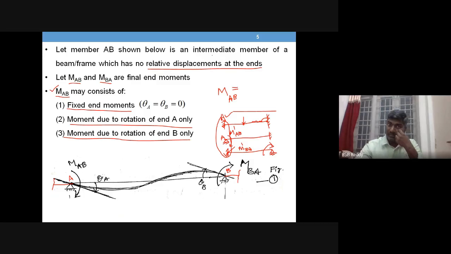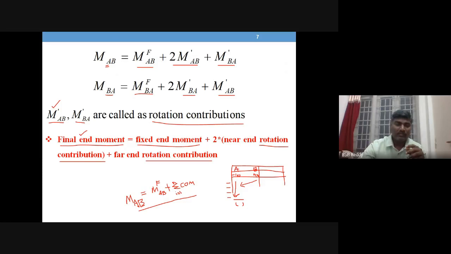So finally, the end moment as per Kani's method consists of three values: fixed end moment, moment due to rotation at A, and moment due to rotation at B. That is given in the form of an equation: MAB is MFAB plus 2 times M dash AB plus M dash BA.